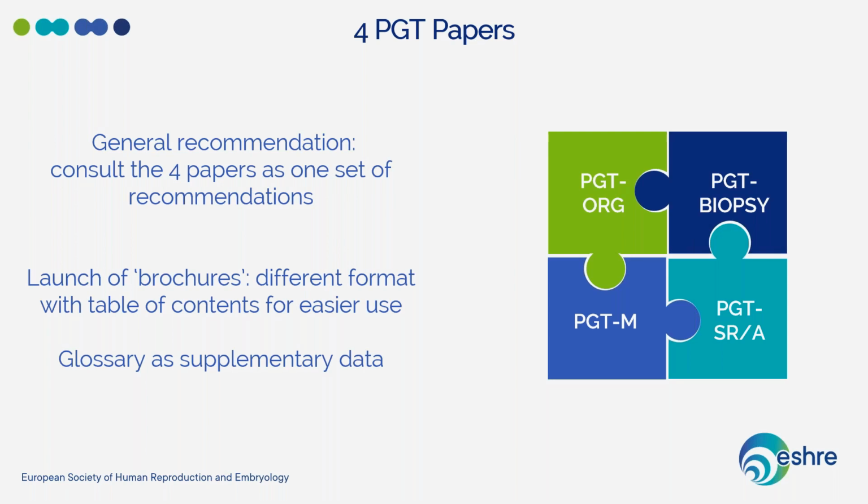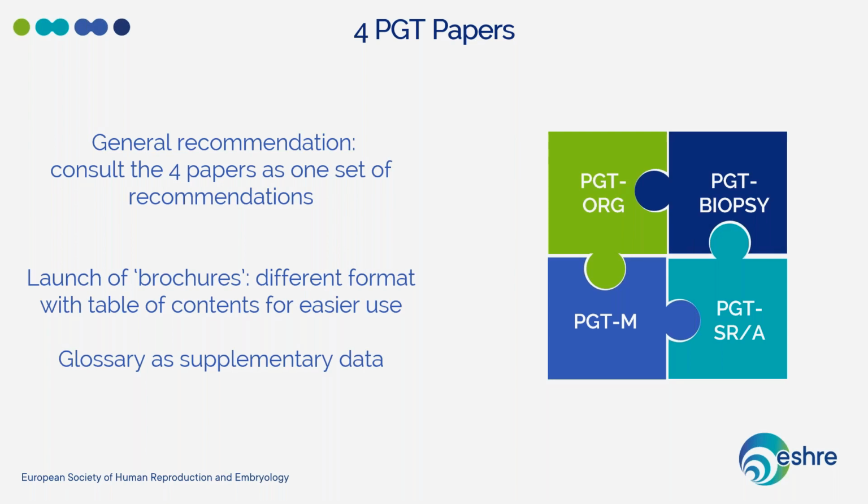Not right after this webinar, but very soon, ESHRE is going to launch the papers in a different format, brochures, or a format which is more like a chapter with a table of contents, in which the cross-references have been removed and the information was duplicated.